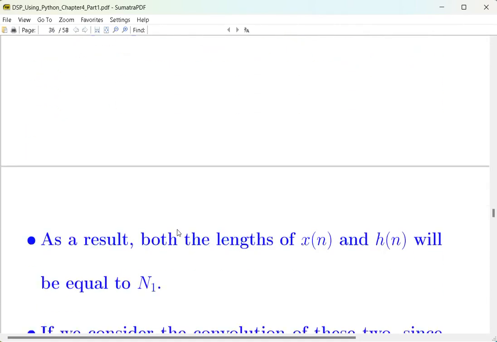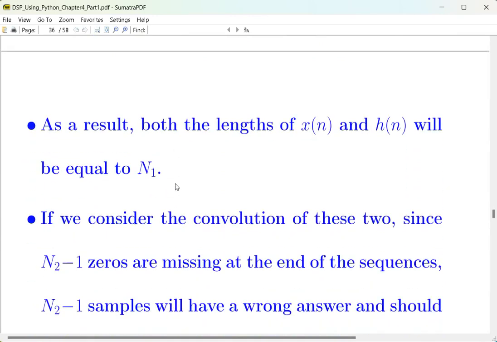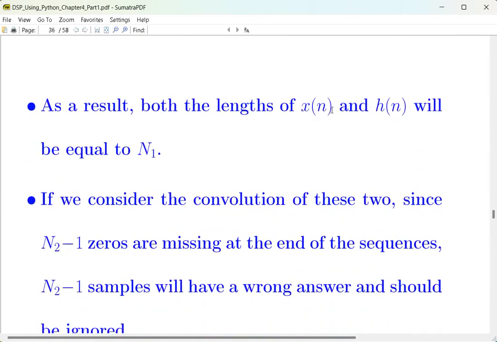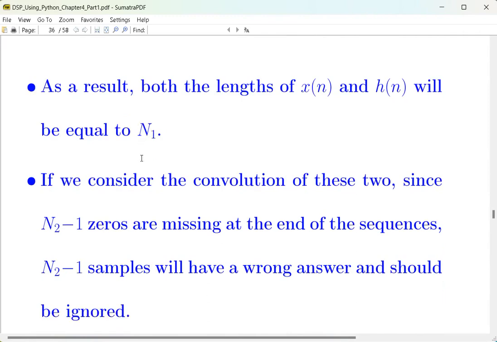Please be careful. As a result, both the lengths of x of n and h of n will be equal to n1, the length of the segment related to the input.